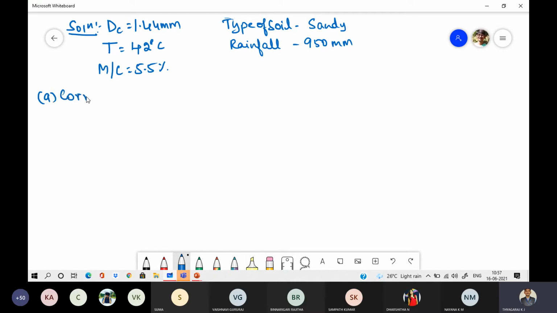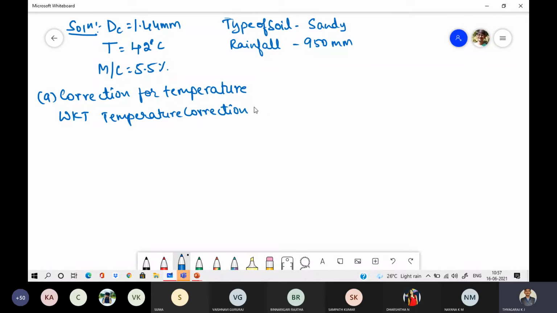So correction for temperature. We know that the temperature correction factor is 0.01 mm per degree Celsius.